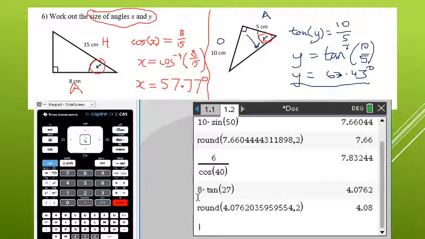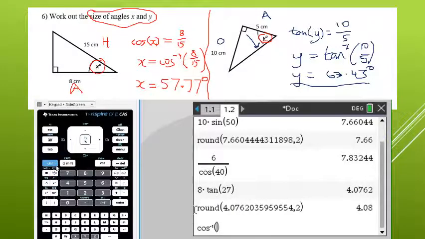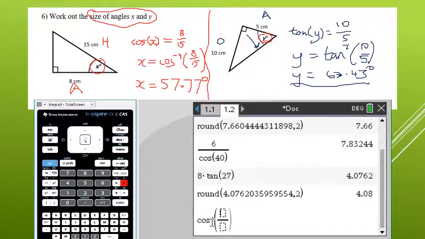Alright, then we had the angle ones. The first one we had was cos of x equals 8 on 15, and then we said x would equal the inverse of cos. So from the trig menu, once again you can find inverse there. Because I've got a fraction inside here, I go control divide, so it comes up with the fraction template, and I've got 8 on top and 15 below, and so I get a decimal answer.